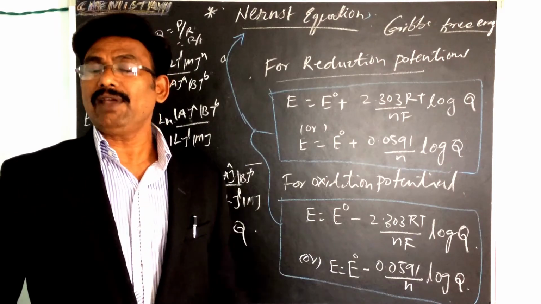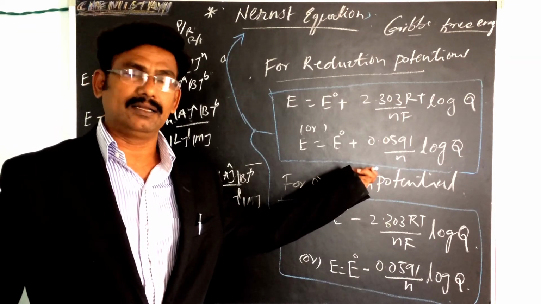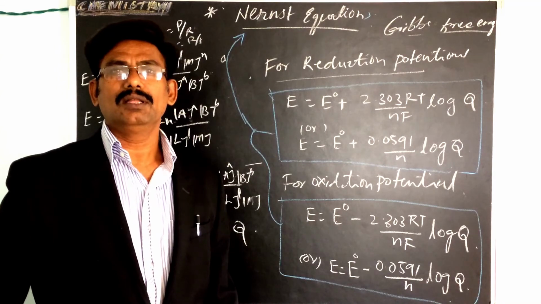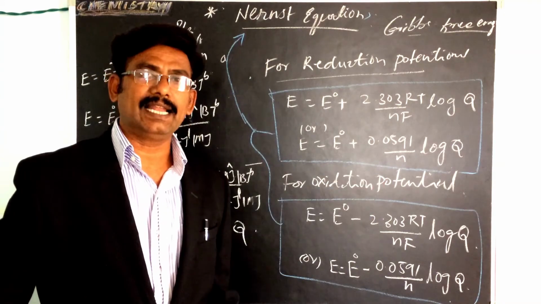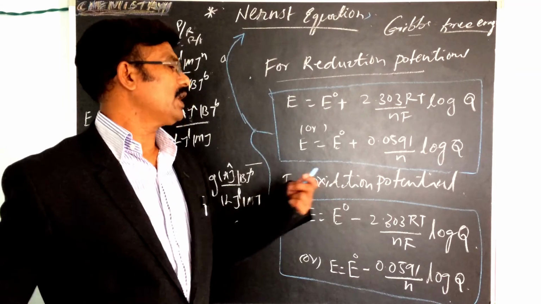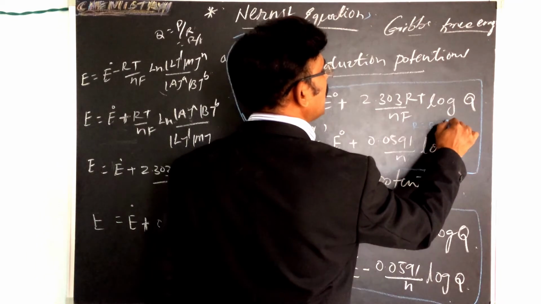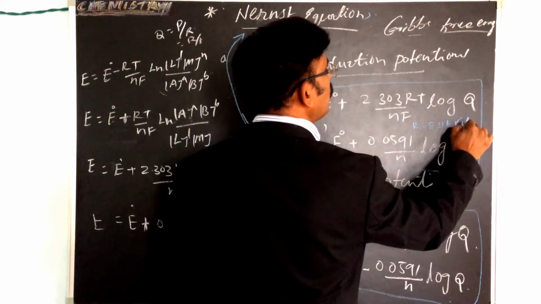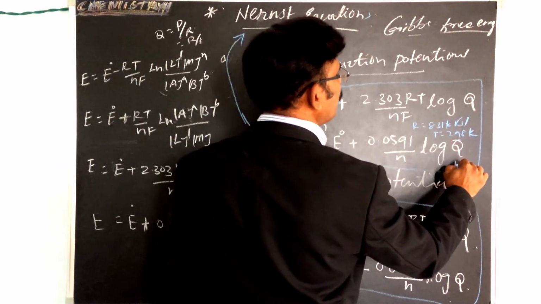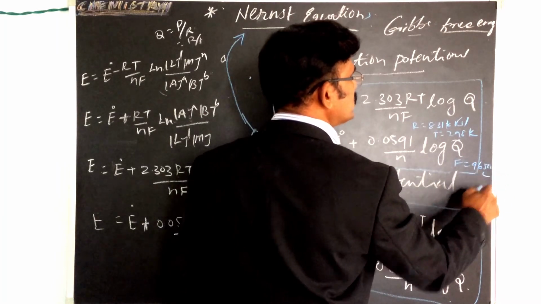The R value is 8.314 joules per Kelvin per mole, the Faraday value is 96500 coulombs, and the absolute temperature is 298 Kelvin.